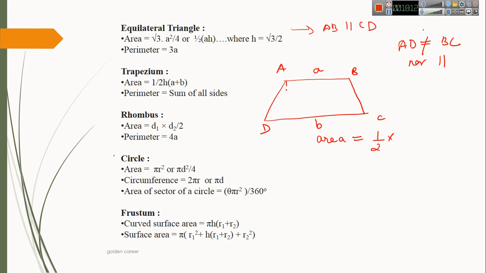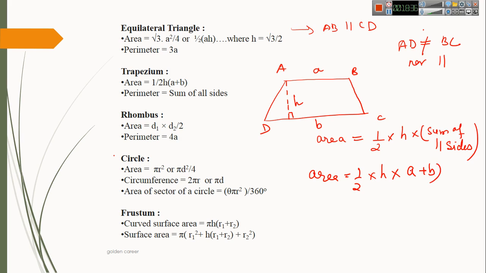Here h is height, it is the distance between the two parallel sides, into the sum of parallel sides. Therefore area becomes half into height into a plus b.